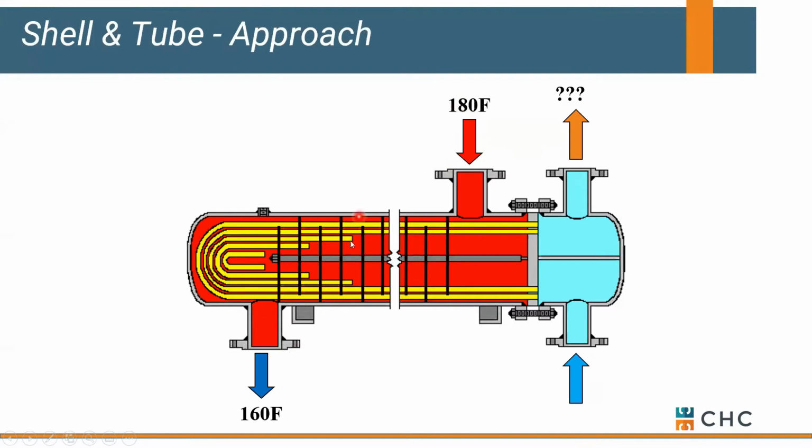And those baffles direct the water flow around the tubes. So we come in hot and we leave a little colder. The question is, how hot can I get my leaving water temperature on my tube side? I'm coming in on the boiler side at 180, I'm leaving at 160. How hot can I get this water?